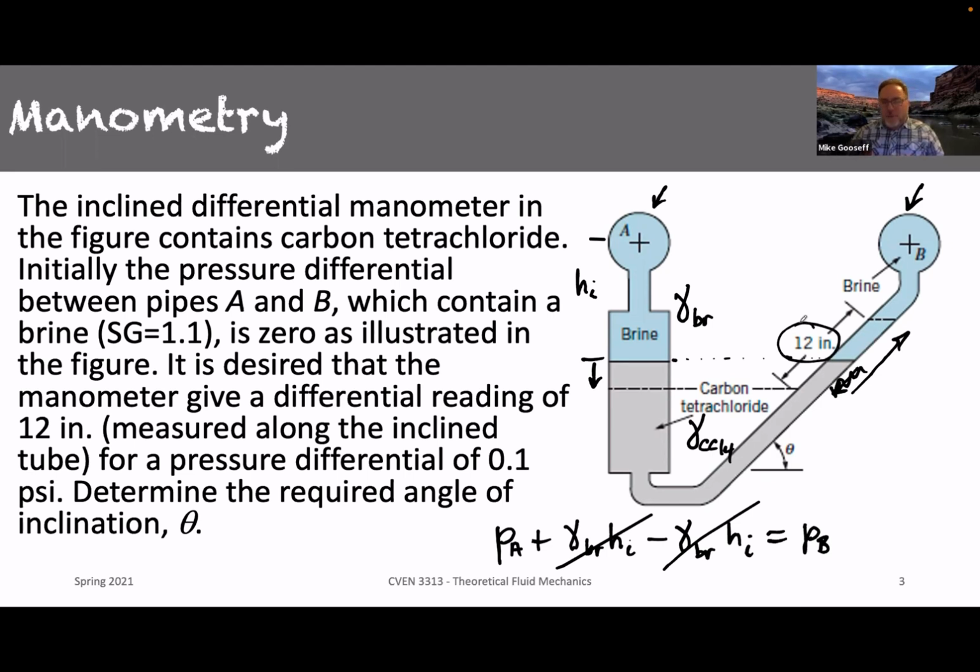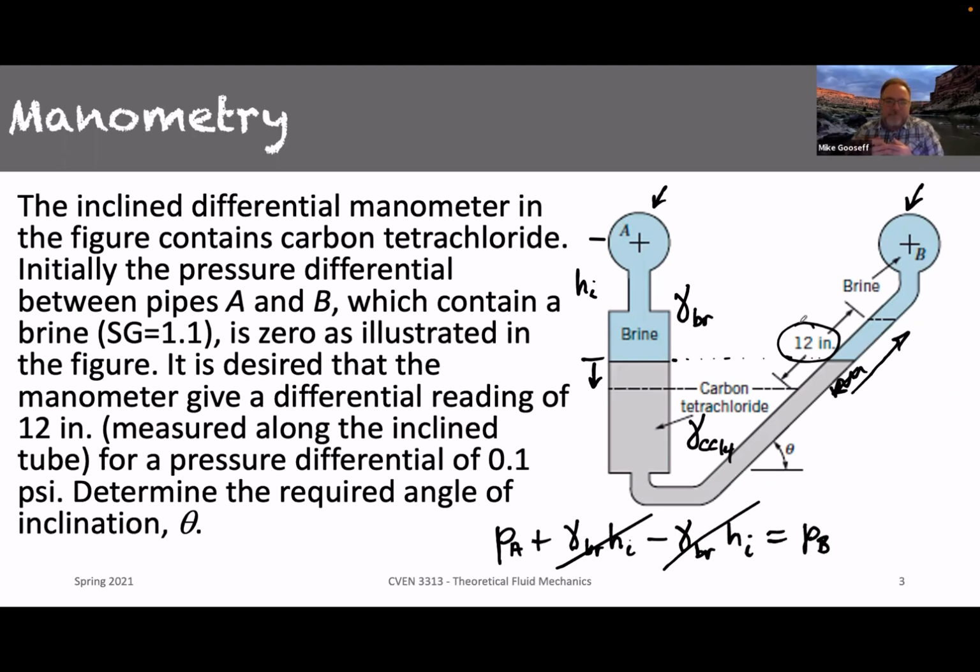Now, that's a little bit funky, and you can imagine that that 12 inches is not perfectly vertical, right? Because it's going along the length of this manometer that's at an angle, we'll need to invoke cosine or sine to help us out with this, okay? So we'll set up the geometry in a second.